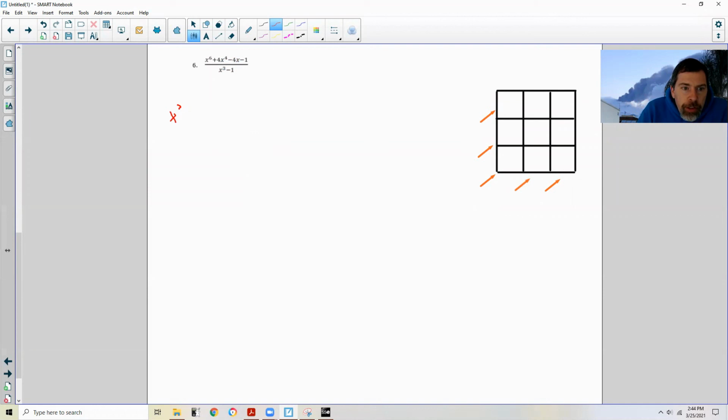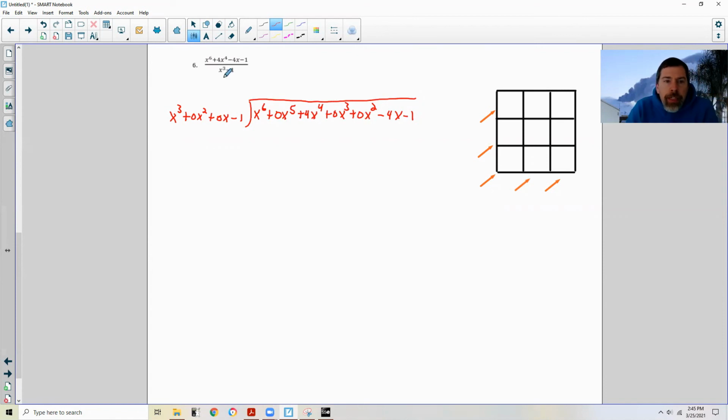I'm going to write it with the spaces: x cubed plus 0x squared plus 0x minus 1, divide x to the 6th plus 0x to the 5th plus 4x to the 4th plus 0x cubed plus 0x squared minus 4x minus 1. Whoa, a lot of space. 1, 2, 3, 4, 5 spacers.